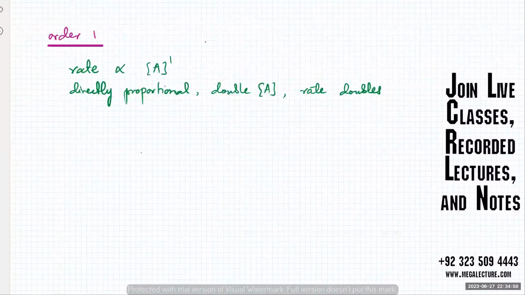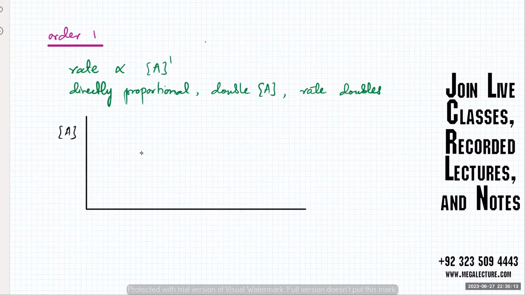So now, how would the graph look if I plot A's concentration with respect to time? Remember, A is your reactant.